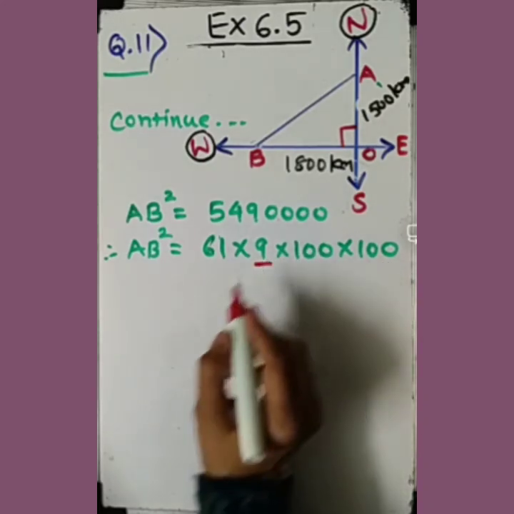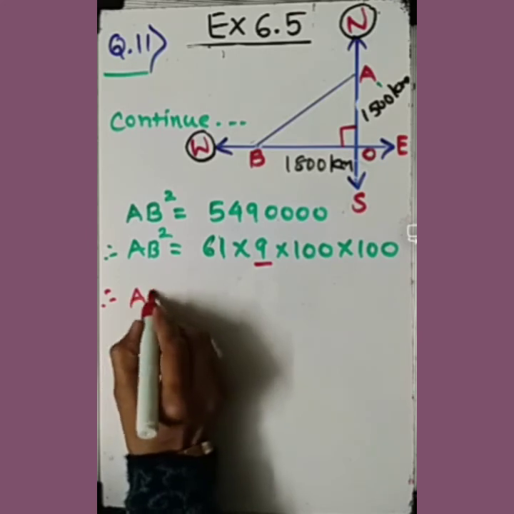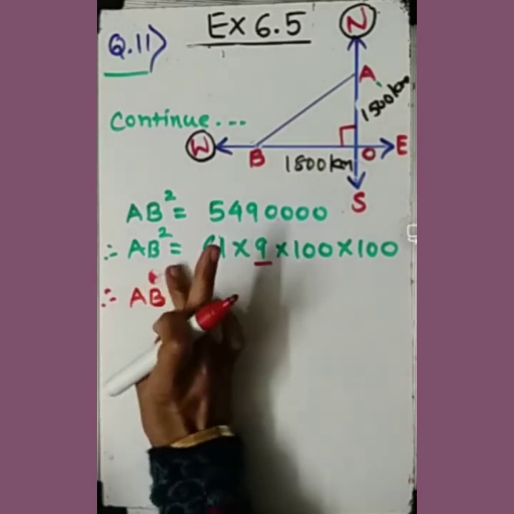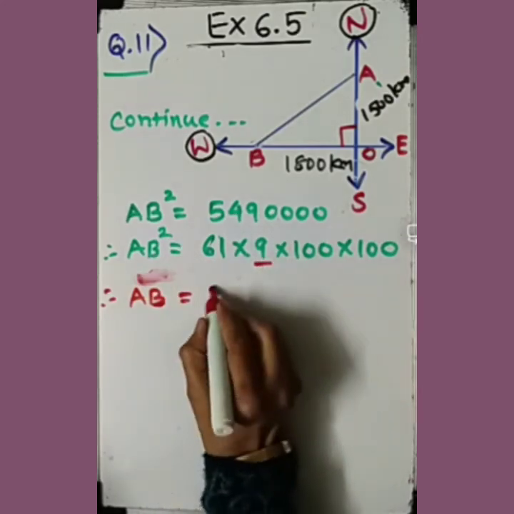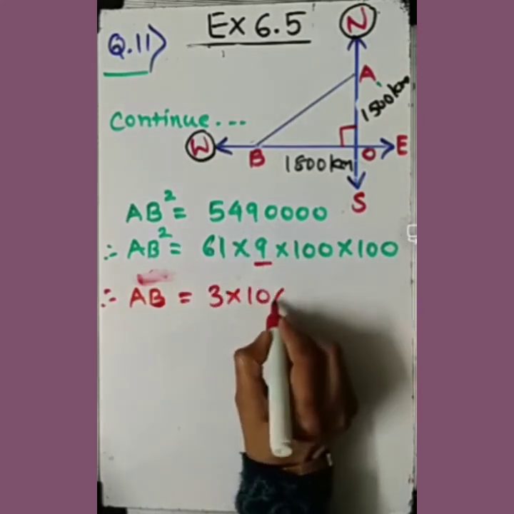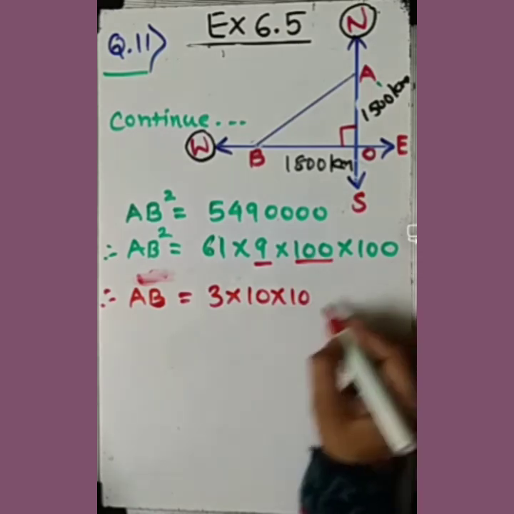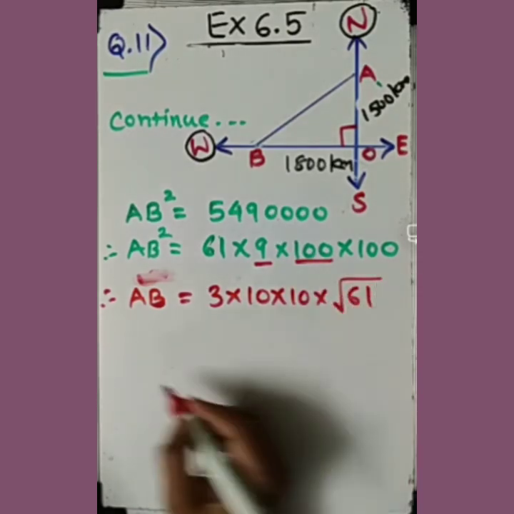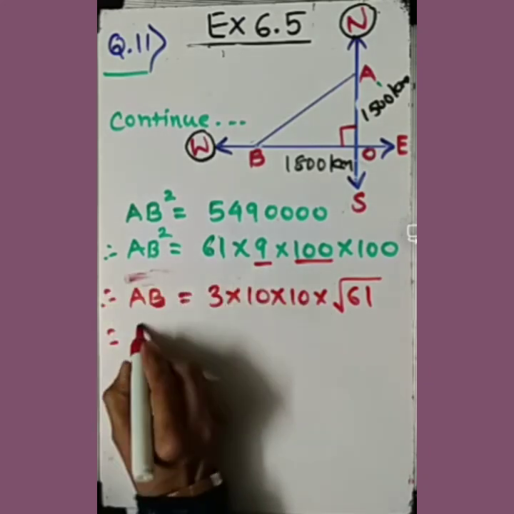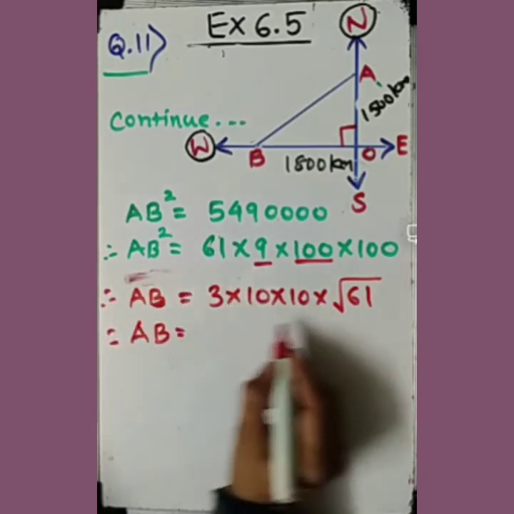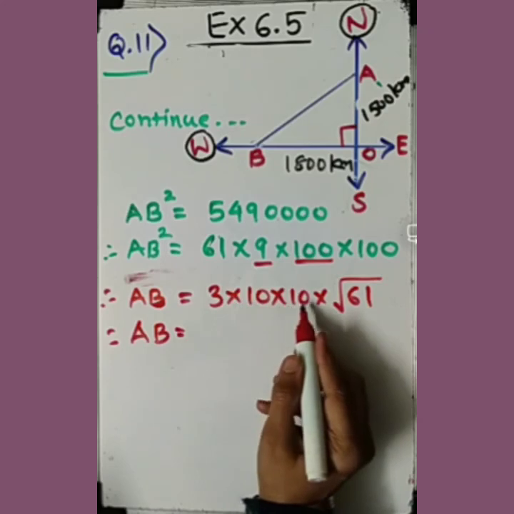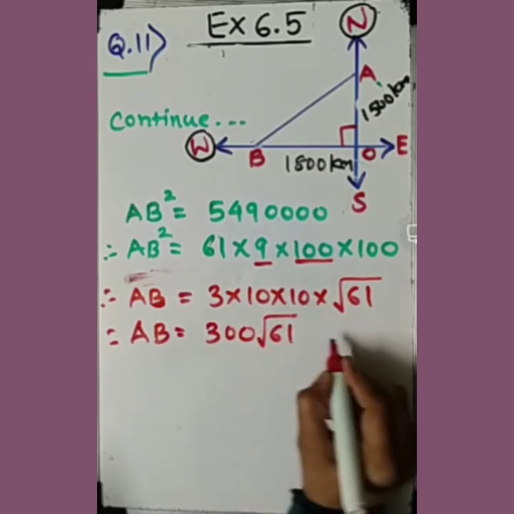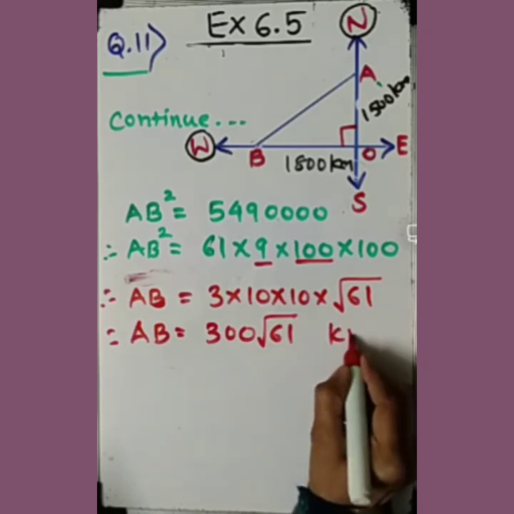So if I remove the square root, what do I have outside? This will be 3, and of course 10 and 10. So inside the square root 61 will be left. So finally the value of AB will be 3 into 10 into 10, so it will be 300 under root of 61, and the unit is kilometer.